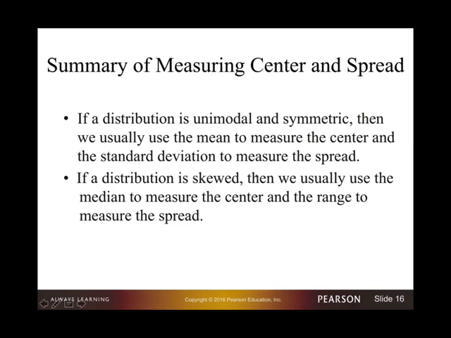However, if your distribution is skewed, to the left or to the right, then we want to use the median as the measure of center, and the range to measure the spread. Remember how to find the range, right? Maximum data minus the minimum data.